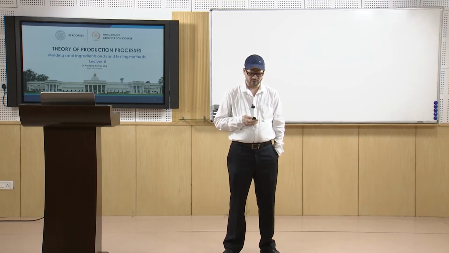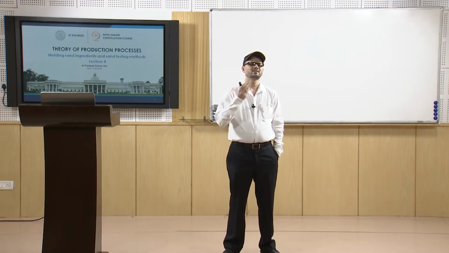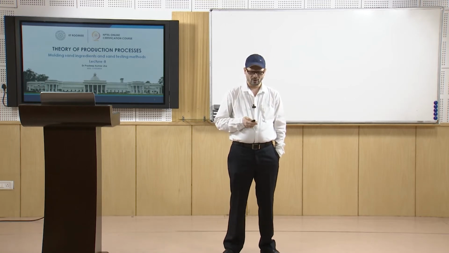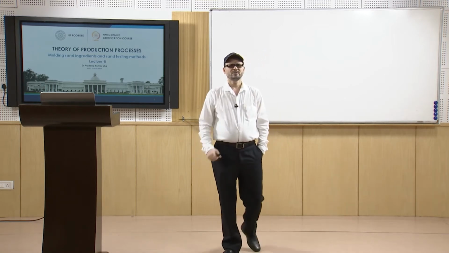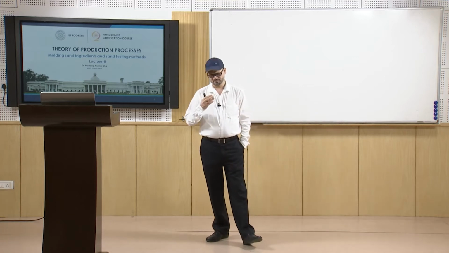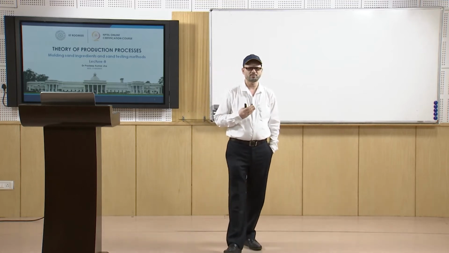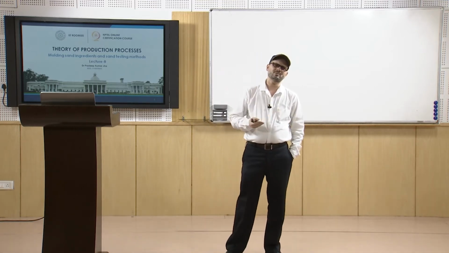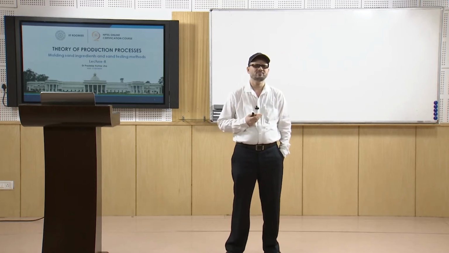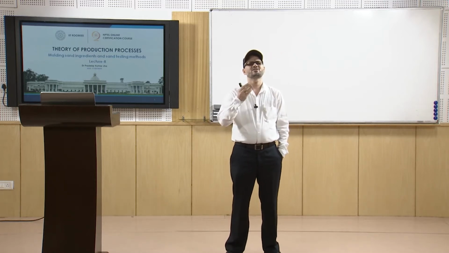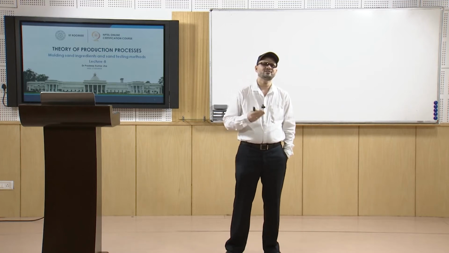Now, we will discuss first of all the qualities of the sand molding methods. Most of the foundry products and maximum of the cast units are made in sand casting, because sand is easily available.